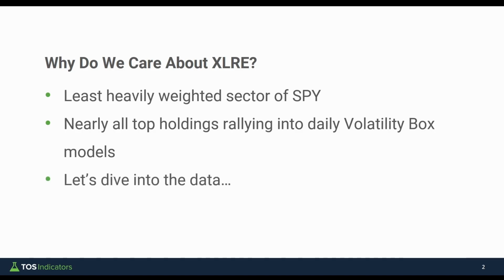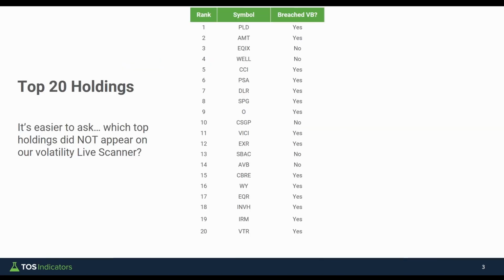So let me first show you the data, and we'll slice and dice it a few different ways. Then we'll look at charts, and then we'll try to find some interesting insights. Now, here are the top 20 holdings of XLRE, and I think it's easier to start by asking which ones did not appear on the live scanner. There were 5 that did not appear on the scanner.